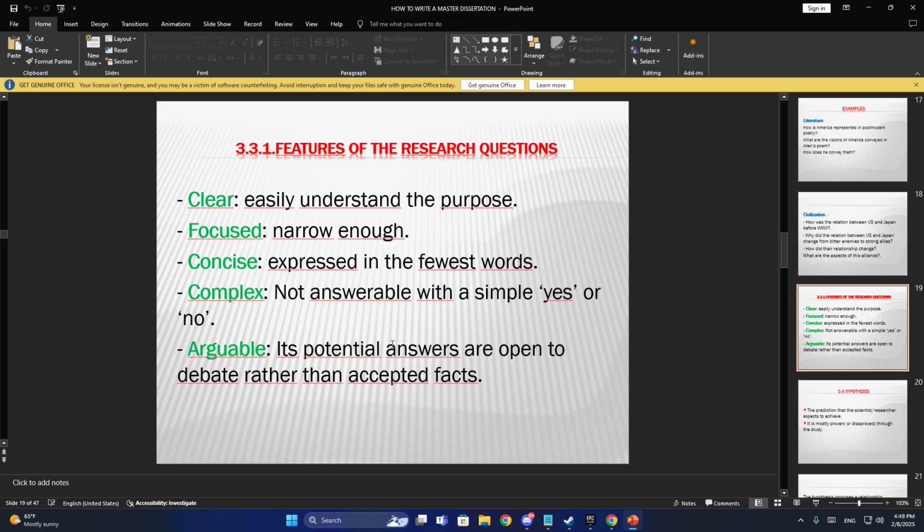It means you avoid long sentences, long statements. Complex. This is very important. It means they are not answerable with a simple yes or no, but they need research to be answered. Arguable. It means its potential answers are also open to debate rather than accepted facts.